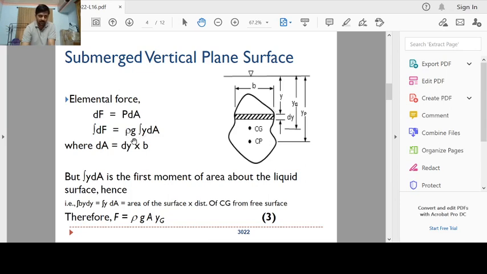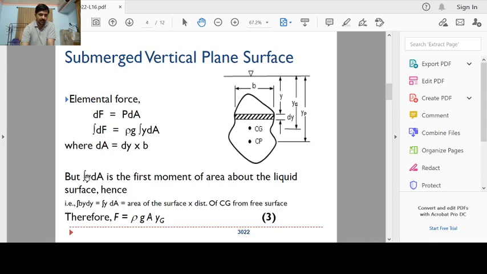Since rho and g are constants, we can take those outside of the integral sign. So rho g integral y dA, where dA is dy into b. When you substitute this, you will get integral dF is equal to rho g into integral y into b dy.